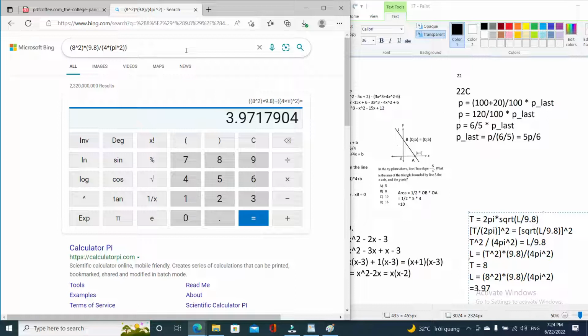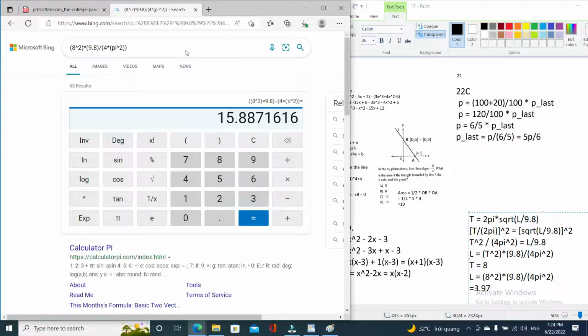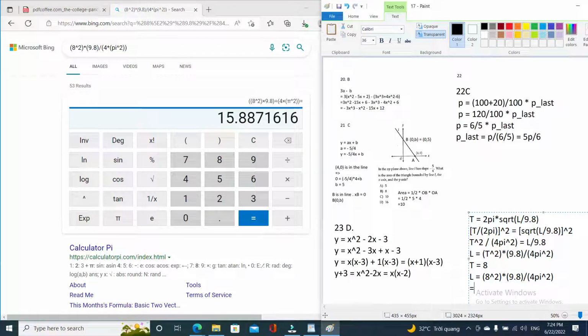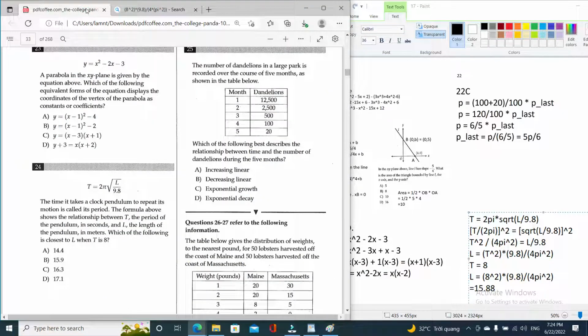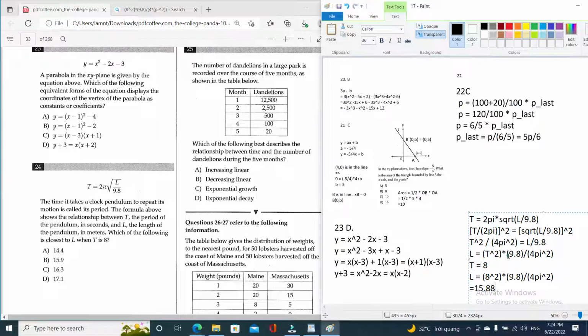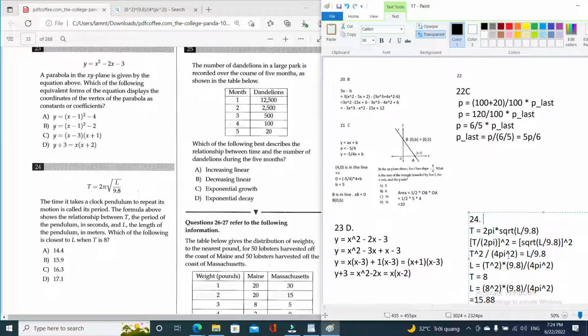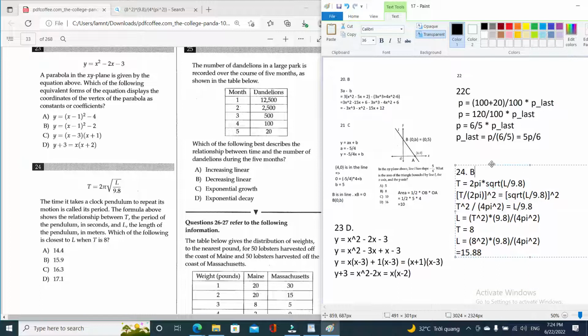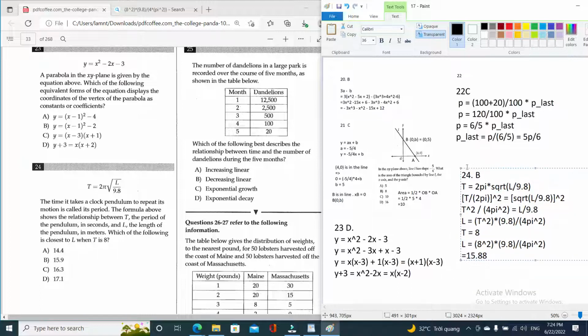So 8 over 2 is 15.88. So it's actually B, right? So it's B. Alright. So 24 is B.